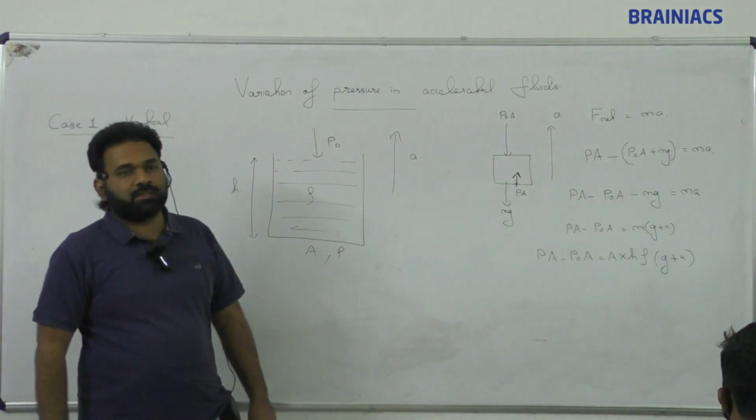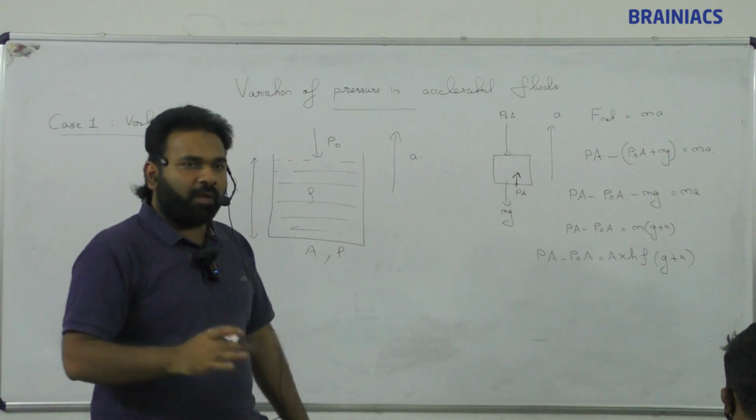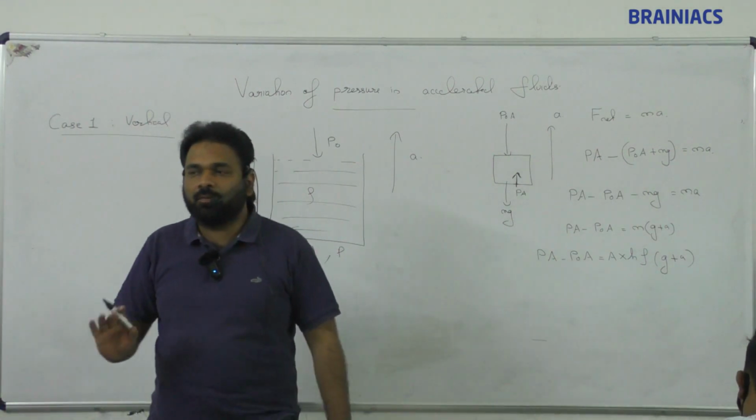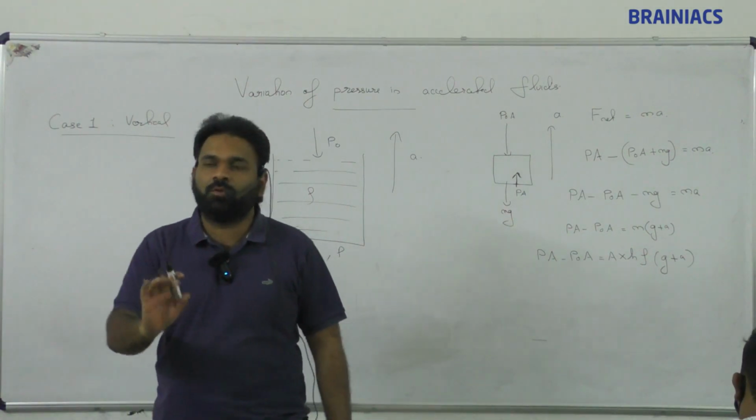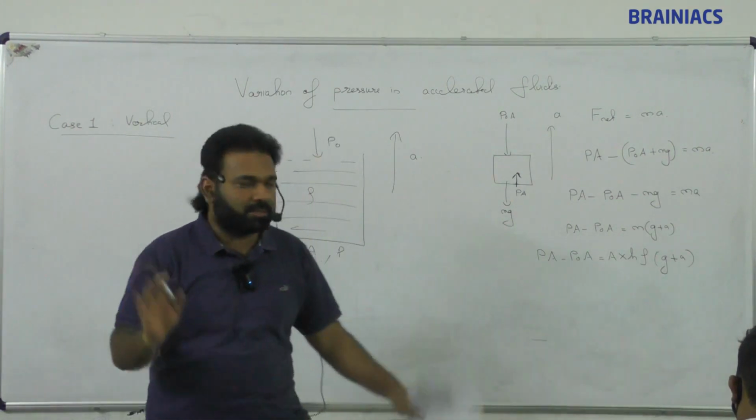Clear? Any doubt in this? Mass is equal to volume into density. We have not done anything else wrong, only one thing. Mass is equal to volume into density, and volume is nothing but area into height, nothing else.